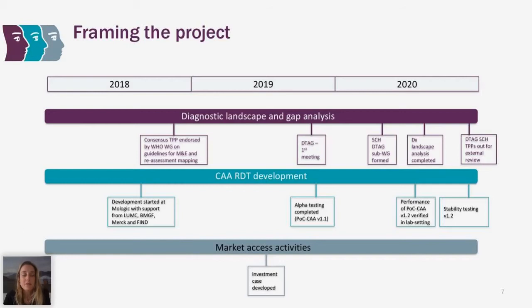So the TPP was developed, and then it was endorsed by the WHO Working Group on Guidelines for Monitoring and Evaluation and Reassessment Mapping at the end of 2018. And based on that, on the green line, the development of the CAA RDT started.